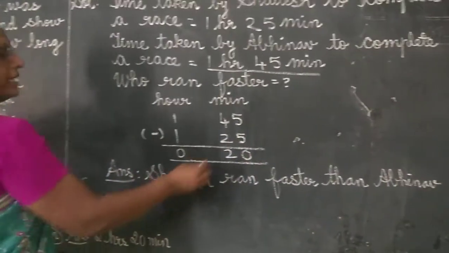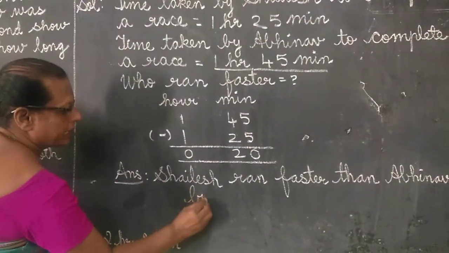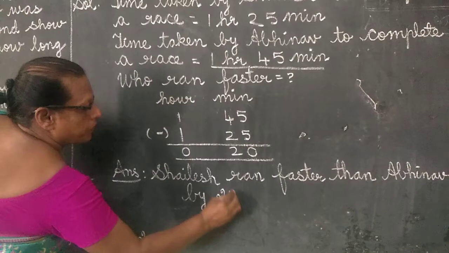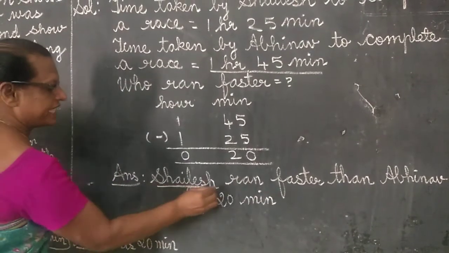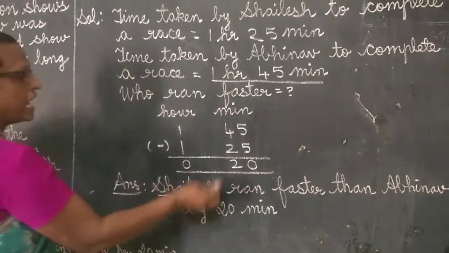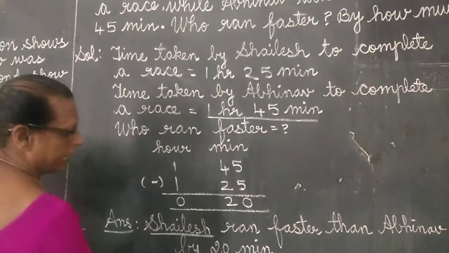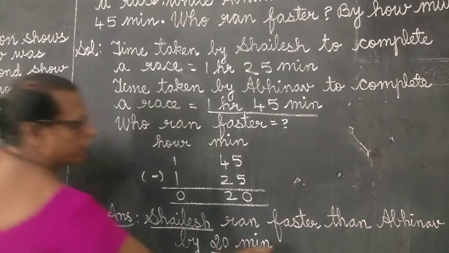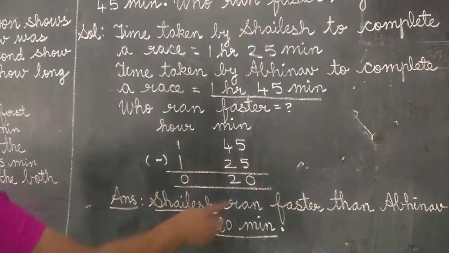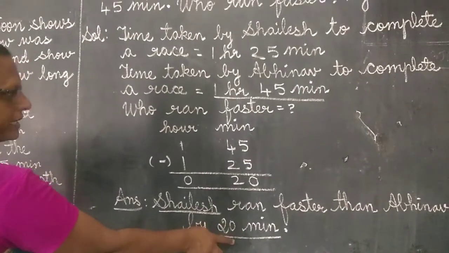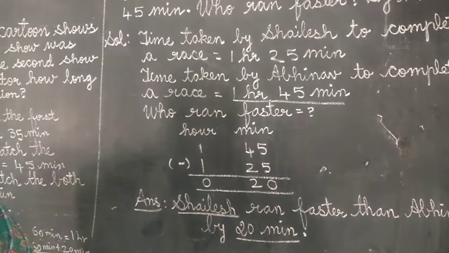By how many minutes? By 20 minutes. So see, the answer came. Shailesh ran faster, and by how much he ran faster is 20 minutes. Okay children, so Shailesh ran faster than Abhinav by how many minutes? 20 minutes. Okay children, are you thorough?